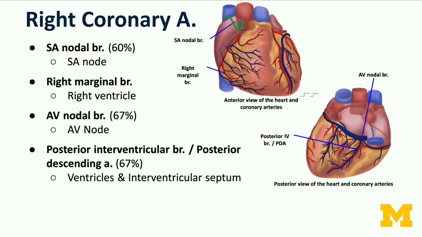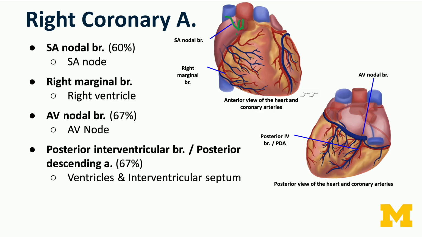Now this isn't rocket science, it's just anatomy, and so the SA nodal branch is going to serve the tissues around the SA node. This is going to be the case for 60% of individuals. For 40% of individuals, that SA nodal branch will arise from the LCA instead.